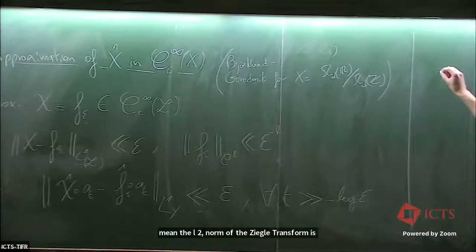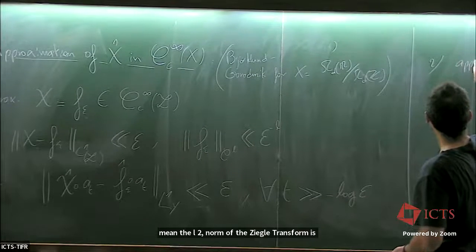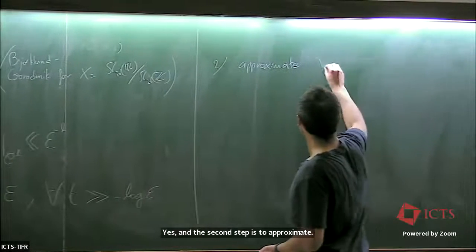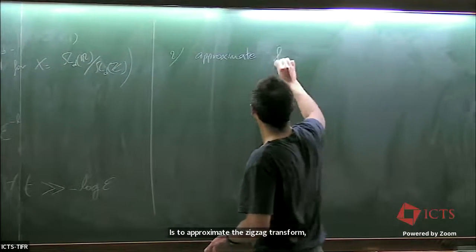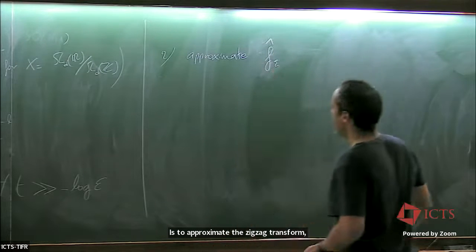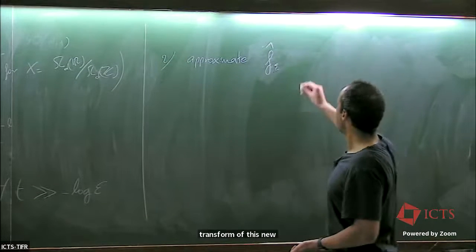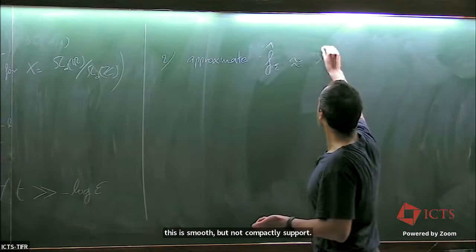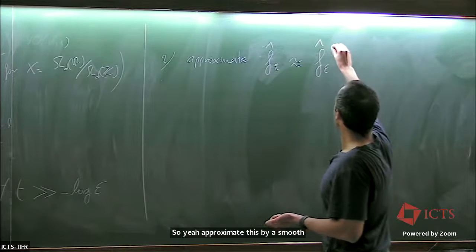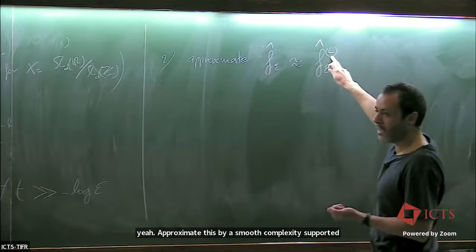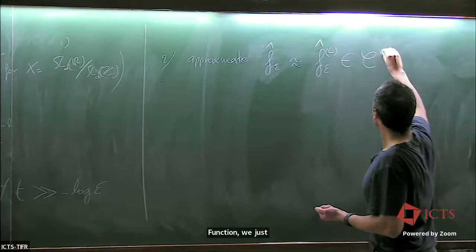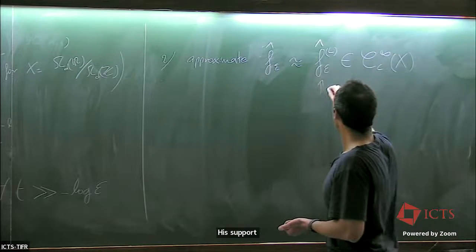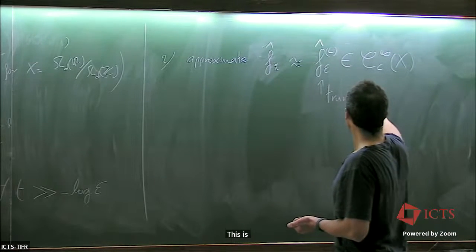And the second step is to approximate the Siegel transform of the smooth approximation. This is smooth but not compactly supported, so we approximate it by a smooth compactly supported function. We just truncate. This is a truncated Siegel transform.